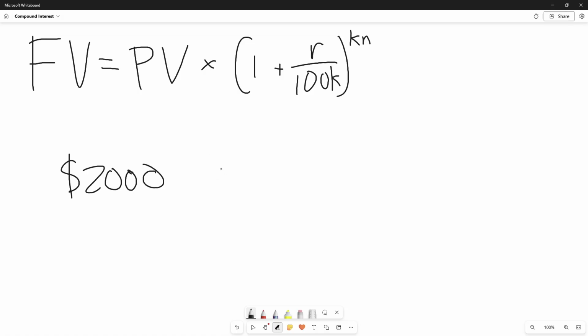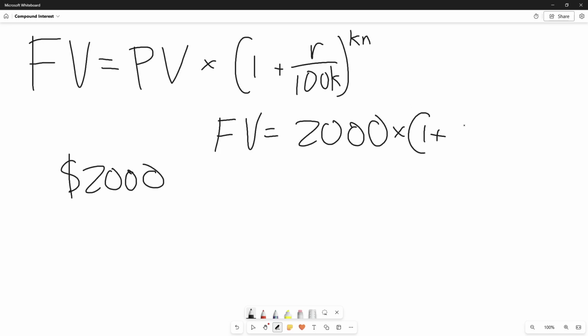So what you can do is you just set future value equals 2,000 times 1 plus R, which is 5 over 100, times K quarterly, so which is 4, to the power of 4 times N. And if you want to see the value after 5 years, you just replace N with 5 and then calculate that number. So yeah, that's how that formula works.